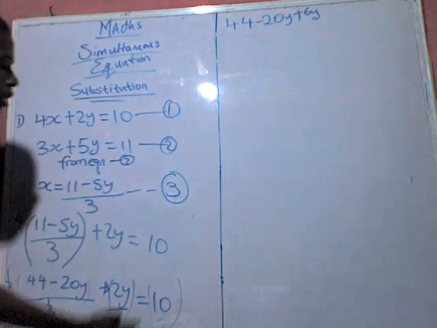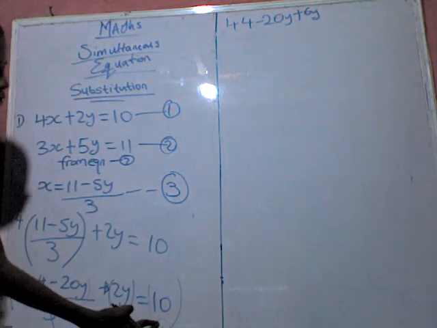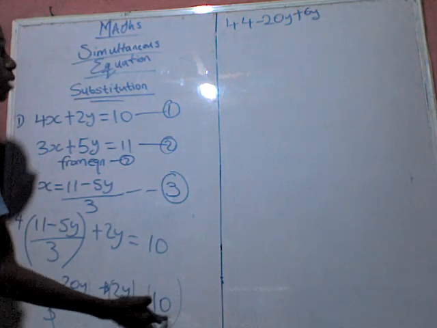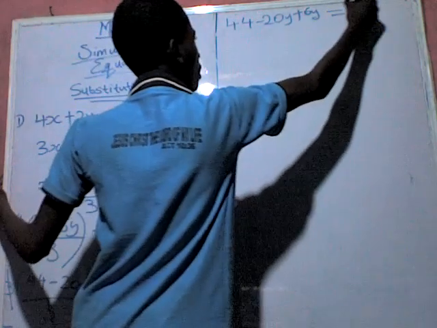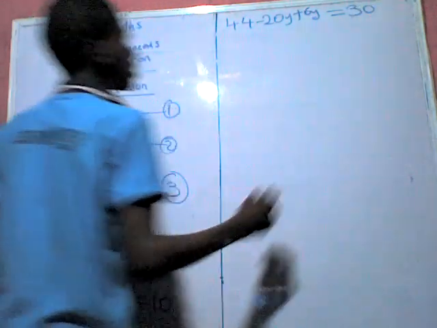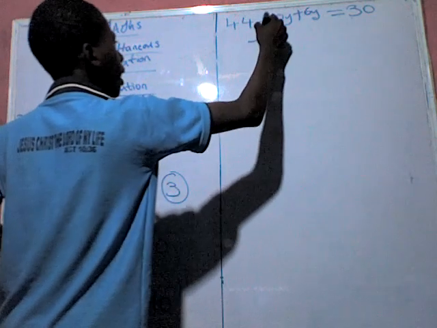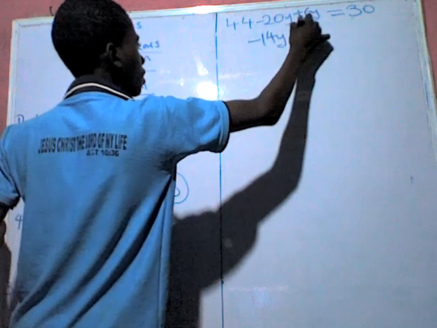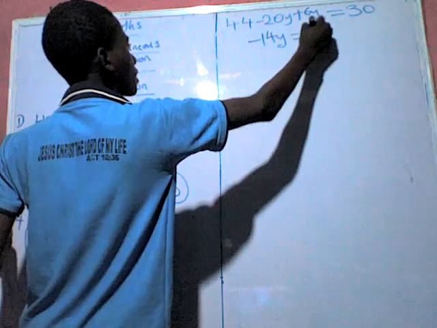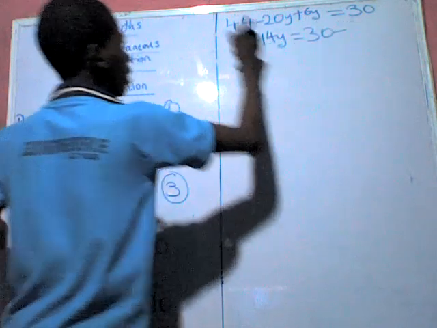And then 3 times our 10 also. So don't forget the 10. Also use 3 times the 10, giving us 30. So minus 20y plus 6y is minus 14y equals, then we have 30 minus 44.